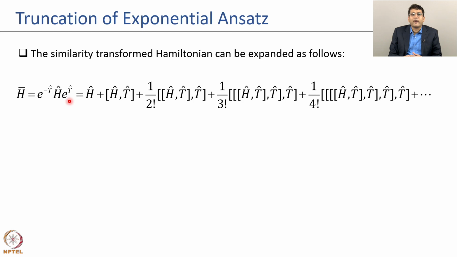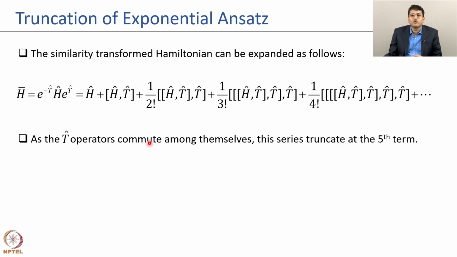Now, for practical application, one needs to truncate the n body T operators. But before we truncate, one distinct advantage in this case is that although this is an exponential series, so in principle I can have higher powers of T, because there is a commutator with the Hamiltonian and the T amplitudes commute among each other, this series truncates at the fifth term.